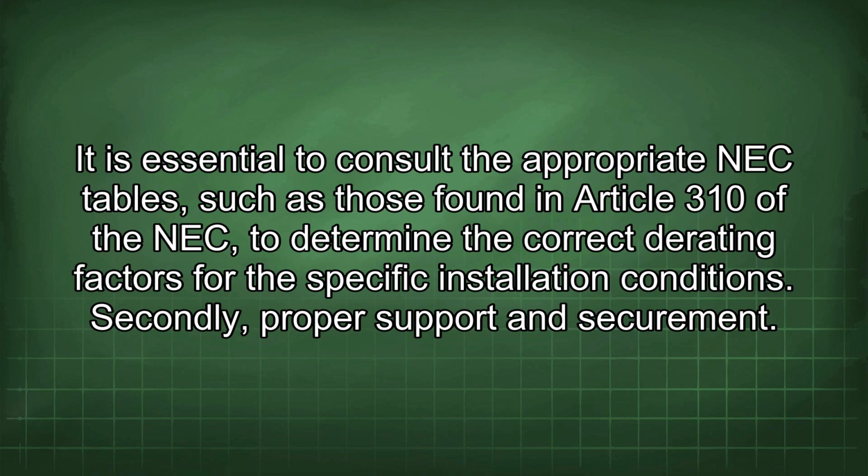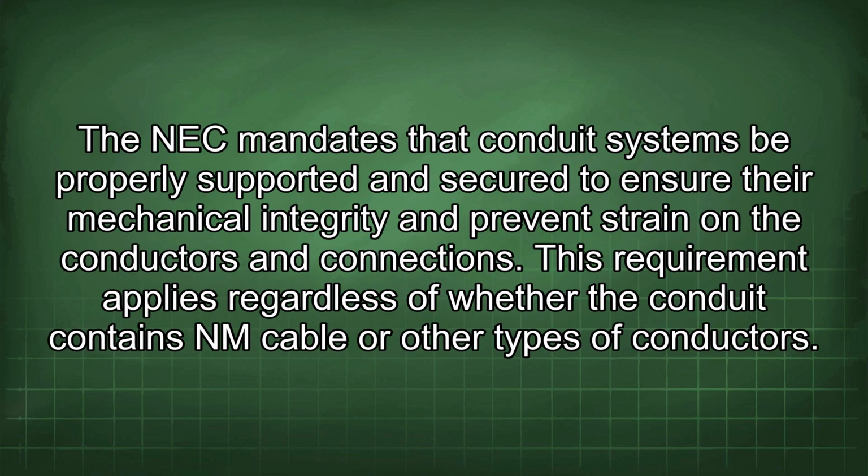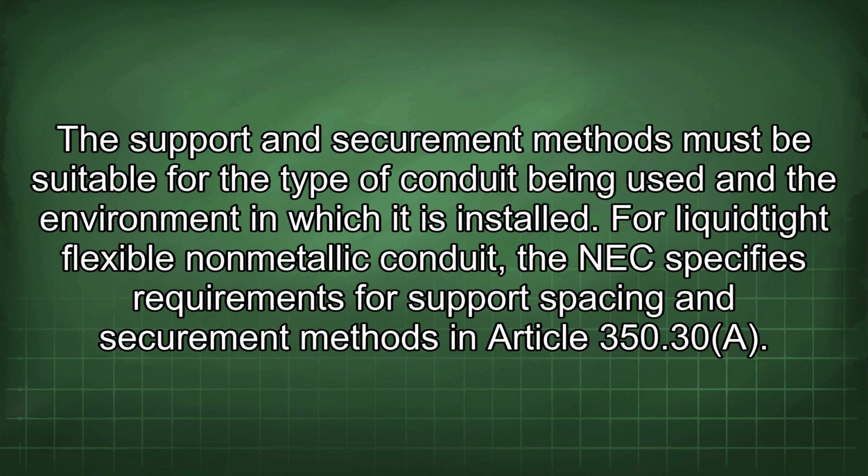Secondly, proper support and securement. The NEC mandates that conduit systems be properly supported and secured to ensure their mechanical integrity and prevent strain on the conductors and connections. This requirement applies regardless of whether the conduit contains NM cable or other types of conductors. The support and securement methods must be suitable for the type of conduit being used and the environment in which it is installed.